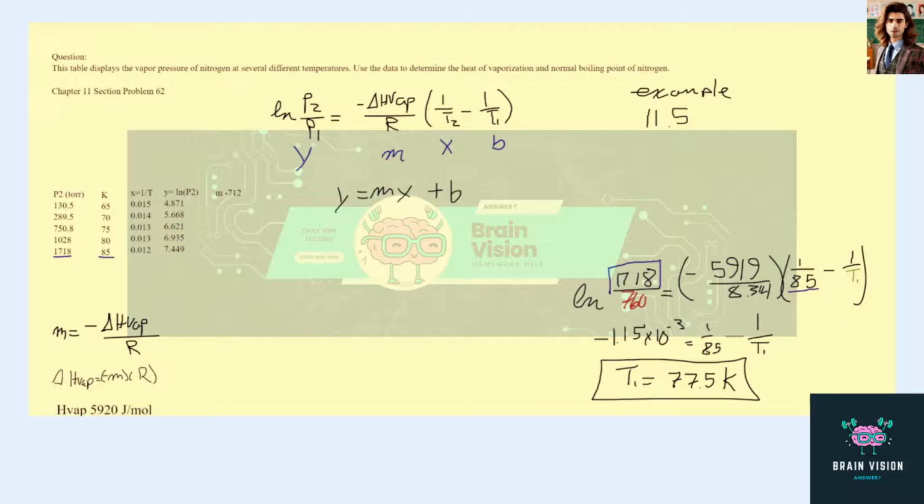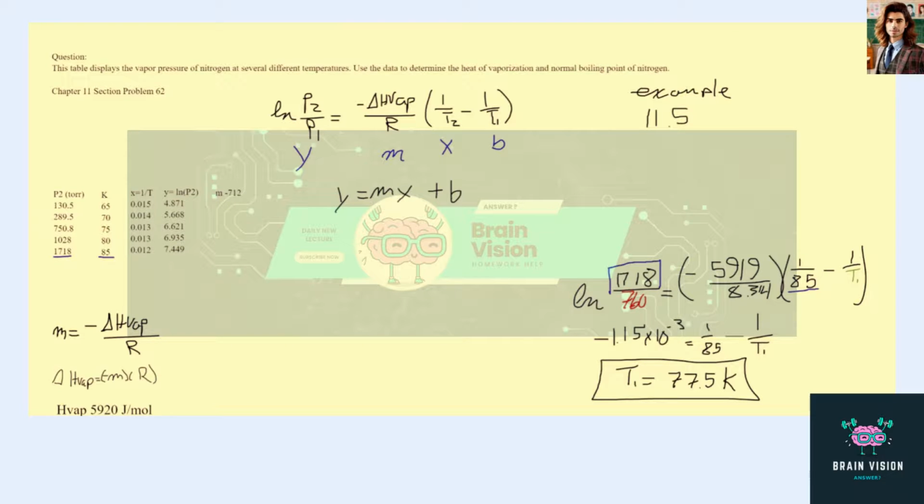For this one, I chose to use the P2 and T2 data from this chart. The trick here is that when you're solving for T1, we're looking for the boiling point, the temperature at which it goes from a liquid to a gas.